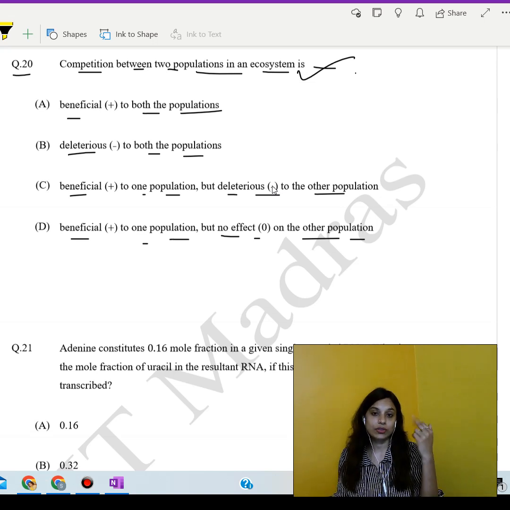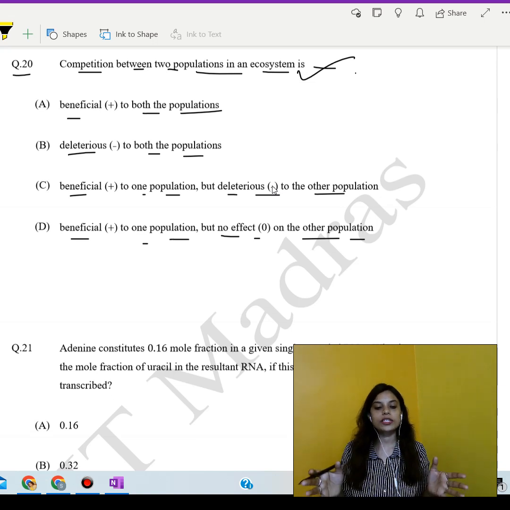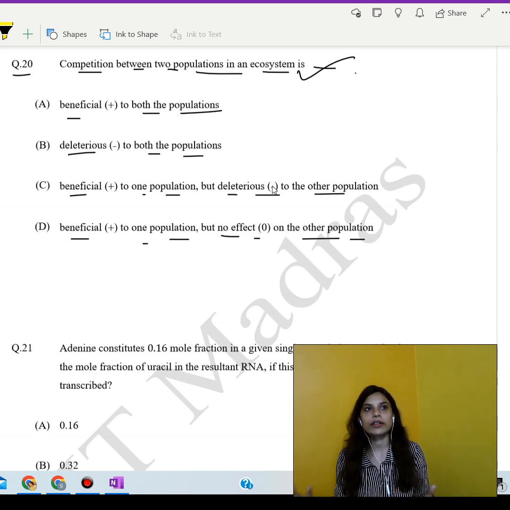So, these are two things where the competition can have positive effects. Okay. So, overall, we can say the statement that competition is always beneficial to both the population is again an oversimplification, because competition is again a very complex interaction that can have a variety of effects on both the populations involved. So yes, that's it.